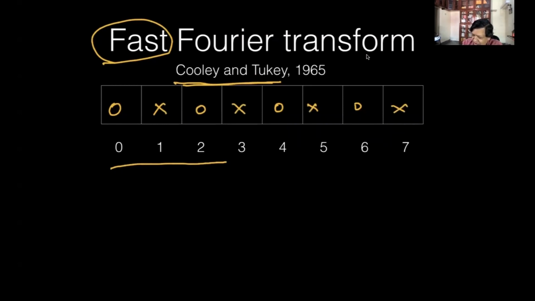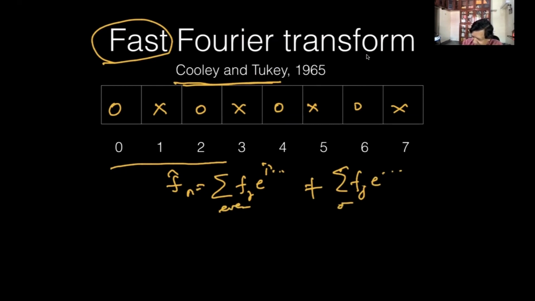Okay, so the whole data f hat of n, you write as a sum. The even part is f_j e to the power of i times 2 pi and so on, plus the odd f_j. Even, odd. It turns out a factor will come out of this, and this can also be written as 0 to 3, and this is 0 to 3.